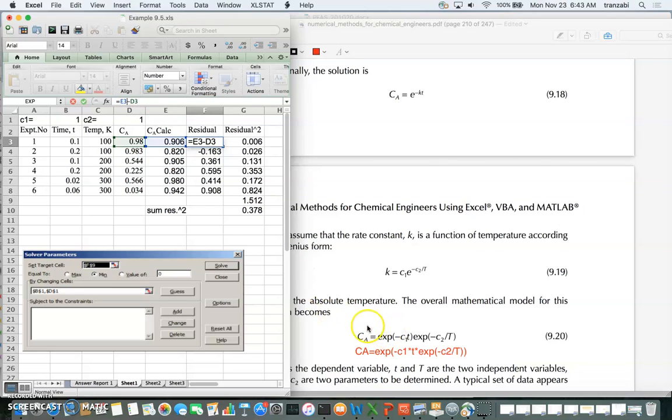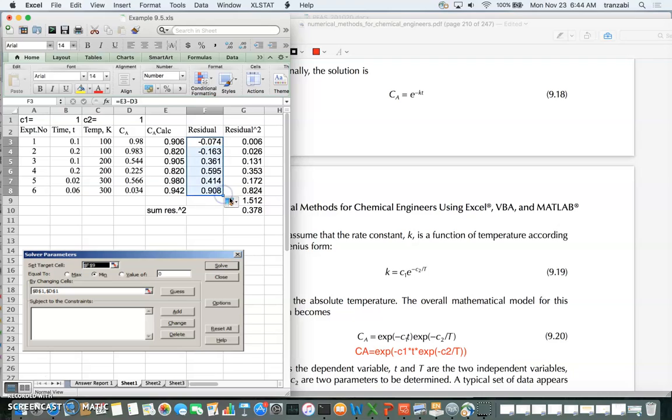I'm sorry, actually the right hand side minus left hand side. So right hand side is the calculated, the blue cell, minus D3, the green cell. So this is the calculated minus the experimental value. So this guy is the calculated minus experiment.